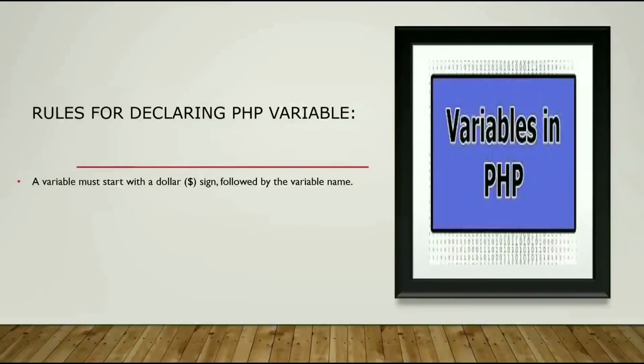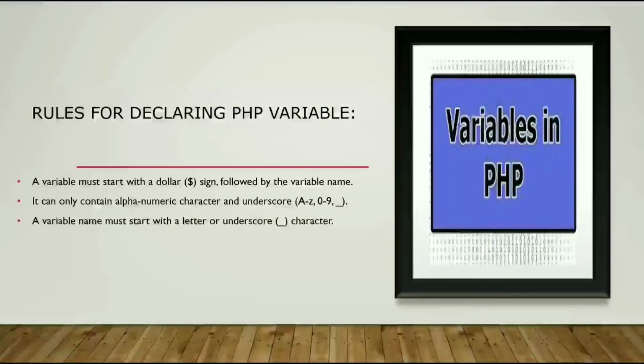The first rule, a variable must start with the $ sign, which is followed by the variable name. It can only contain the alphanumeric characters and underscore. Okay, so alphanumeric characters means alphabets and numbers and the underscore. A variable name must start with a letter or underscore character.